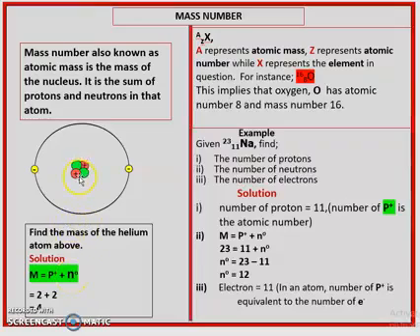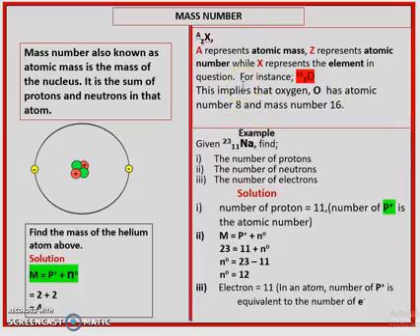Therefore, here we have 2 protons and 2 neutrons. Therefore, atomic mass is 2 plus 2, 2 for proton, 2 for neutron, which will give us 4. Atomic mass of helium is 4. So that's how you get the atomic mass of any atom of any element at all.